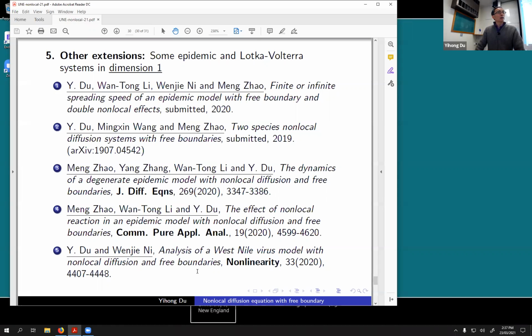However, that is a direction that might find more and more applications, because there are so many dispersal phenomena involving a long distance dispersal factor. So with this nonlocal diffusion model, by choosing proper kernels, you can capture this factor in the modeling process.